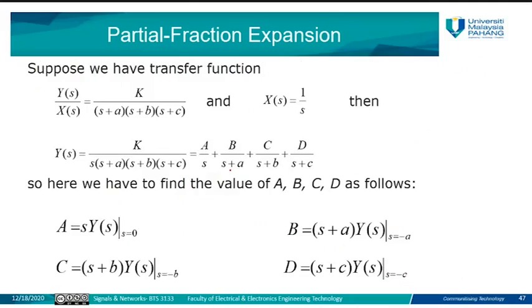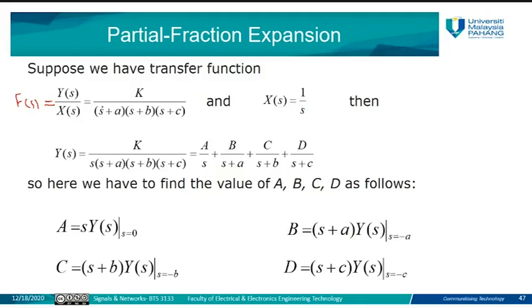So now we are going to see how we can calculate the value of the numerator for the partial fraction method. If you have this function, which is F(s) or G(s) or any function, and you want to find its inverse Laplace, you have K over (s plus a)(s plus b)(s plus c), and say X(s) is equal to 1 over s.